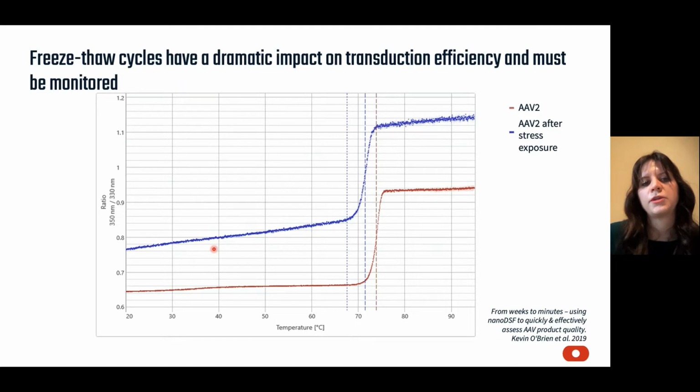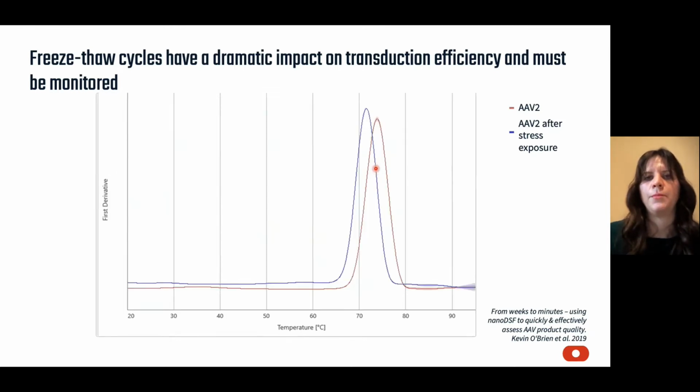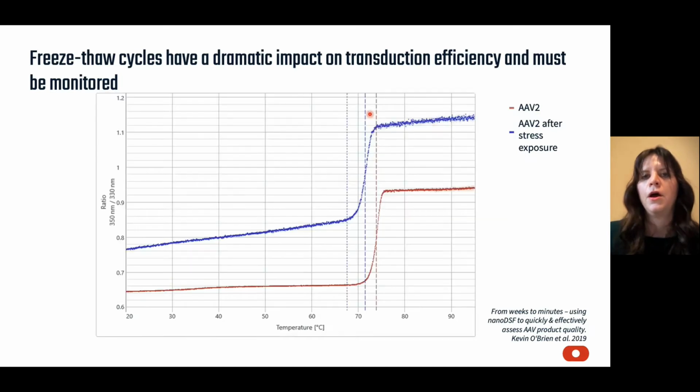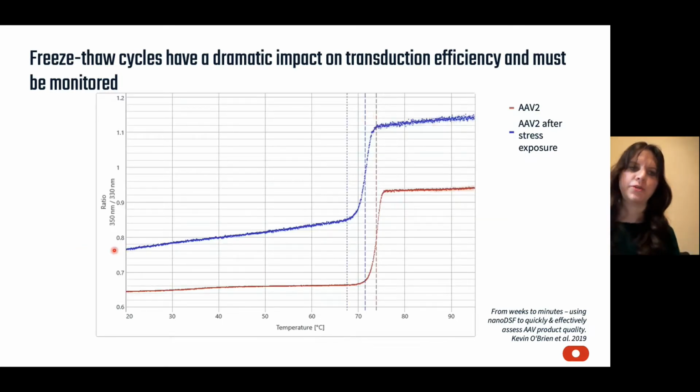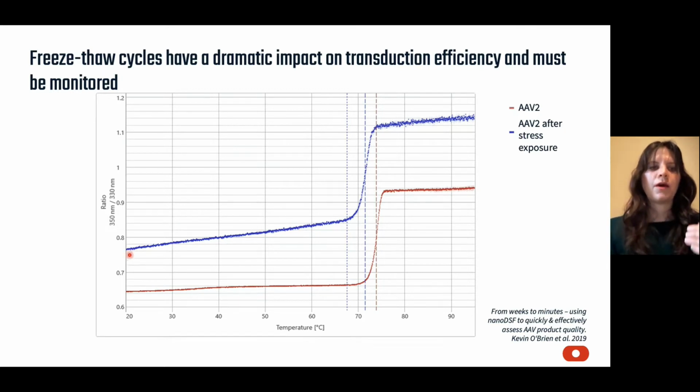And I would just like to draw the attention to the decrease in quality that is not only evidenced by the slight but moderate shift in Tm, it's only about 2 degrees here, but the real change in quality can be seen by the change in the initial fluorescence ratio. You can see that we have a higher initial ratio right at the onset of the experiment, and that there's a more gradual unfolding slope leading to the inflection point.